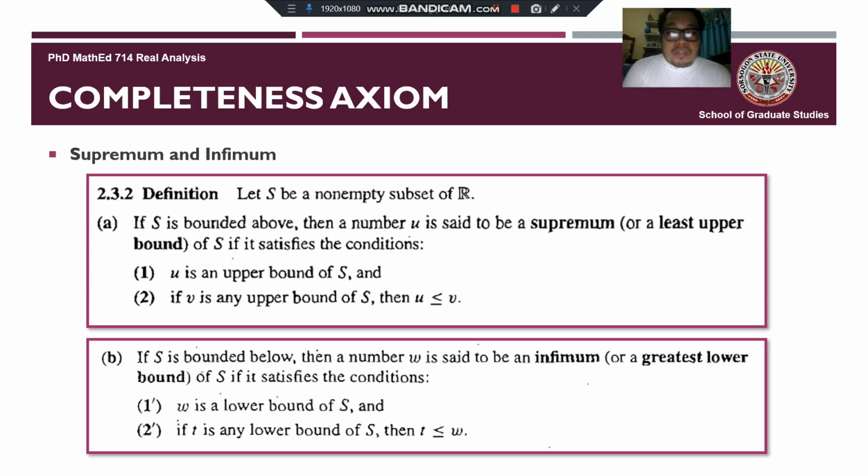For number 2, if V is any upper bound of S, then U should be less than or equal to V. Since U is the least upper bound, the values on the right side of U are greater than U. That is shown on the illustration a while ago on the previous slide.